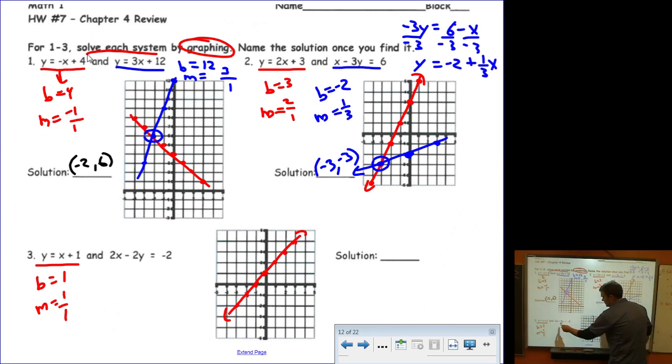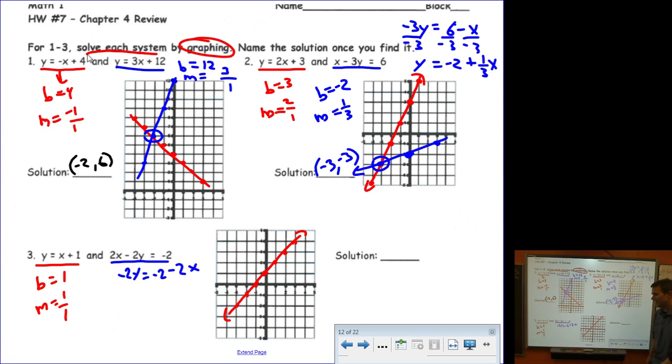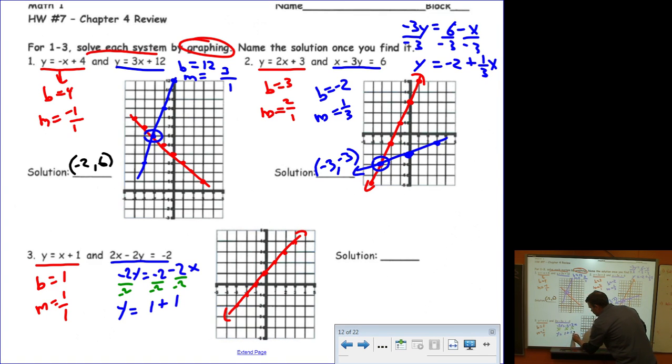The other line is not in slope-intercept form. So the first thing I would do is subtract 2x from both sides. Then I'd go ahead and divide everything by -2. And I would end up with y equals 1 plus 1x, right? -2 divided by -2, +1.